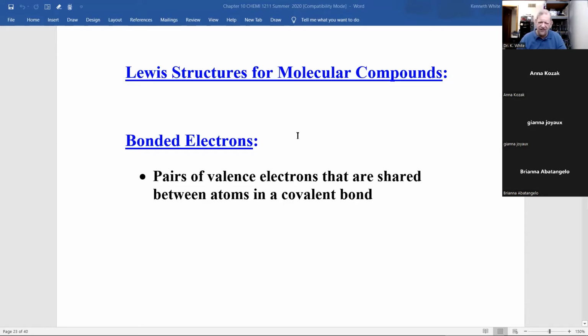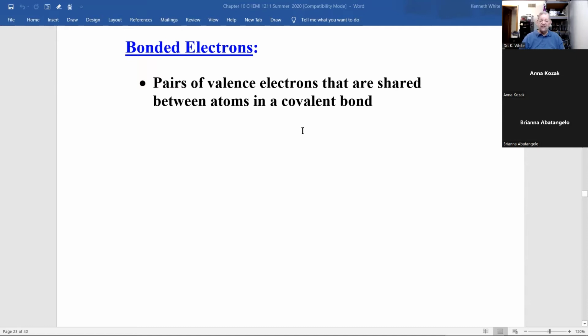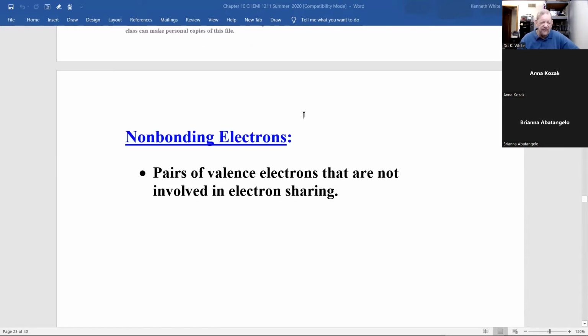There are different types, but all covalent bonds deal with valence electrons. When we have a covalent bond or molecule, we have bonded electrons. Those are the pairs of valence electrons that are shared between atoms in a covalent bond. And we have non-bonding electrons.